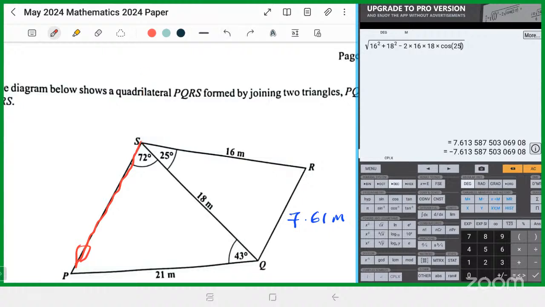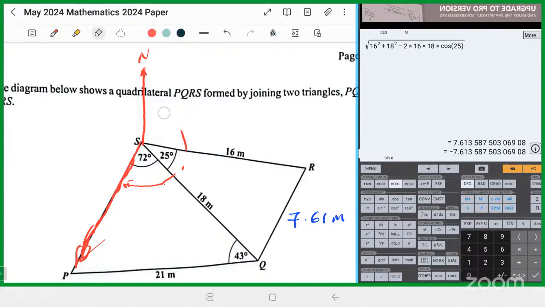And then we're going to turn to the right until we're facing P. That's the bearing. So that red angle that I've marked is the bearing. This angle over here. That's the angle that we want. So that whole angle is 205 degrees based on what they have said.